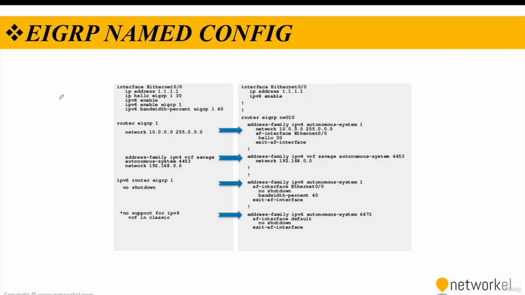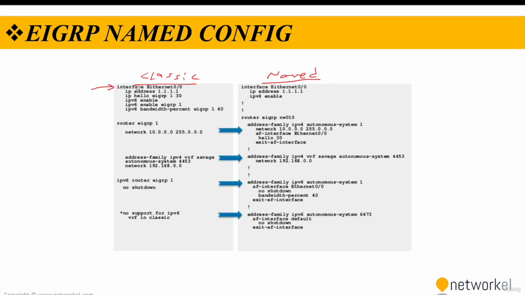Now on the screen we are seeing two separate configurations. The one on the left is an EIGRP classic configuration, and the one on the right is an EIGRP named mode configuration. So classic mode configuration is something we know already, right? Pretty basic.